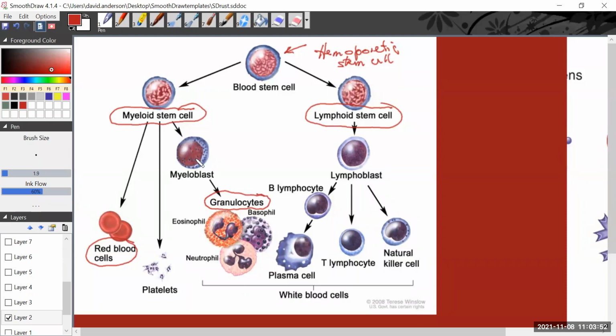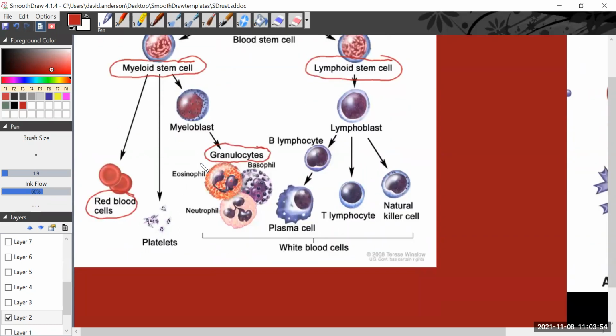And we can also add in, we're missing one in here, we're going to throw another one in here called monocytes. So these all fall under the category of a myeloid stem cell origin, or sometimes called a lineage. Lineage just means that that's the pathway, the line of development that it followed.